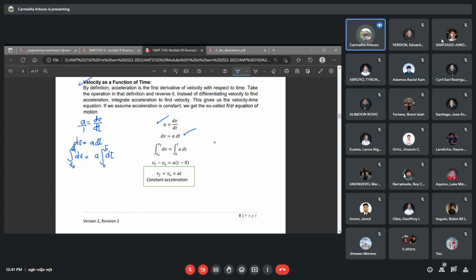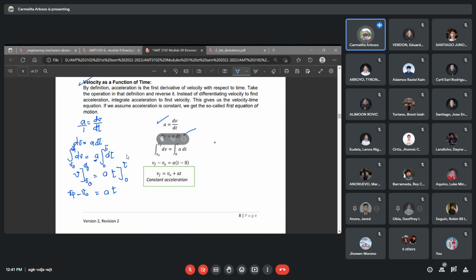So, pag dito, kunuha natin yung derivative of v is v. Constant yung acceleration natin. Okay, so yung time natin, ang limit niya is 0 to t. Diba? So, vf, yung upper limit minus the lower limit is equal to acceleration times the time.